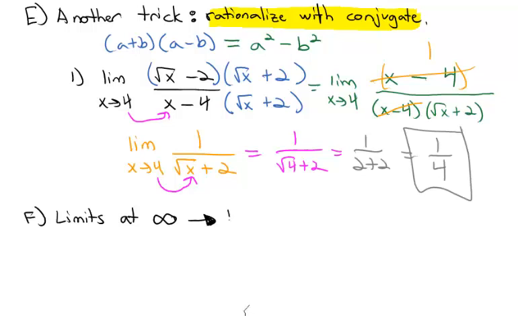In other words, we are looking for the horizontal asymptotes.